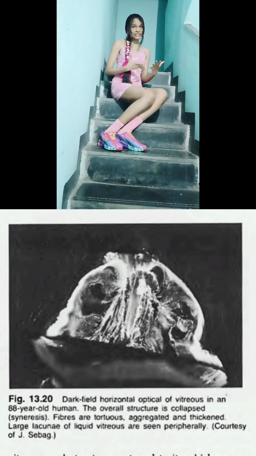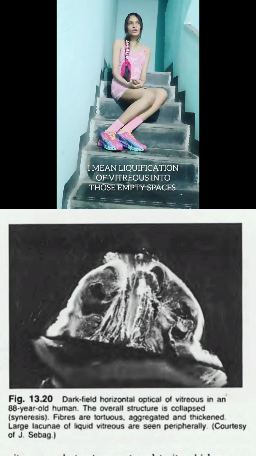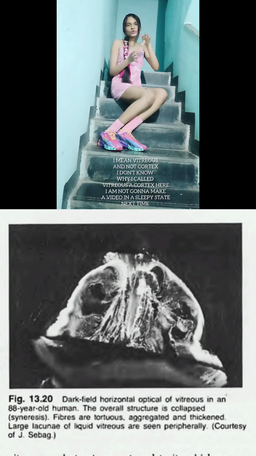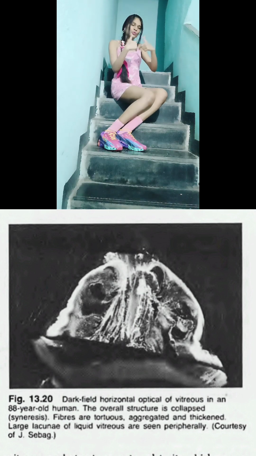With aging, this change happens: liquefaction of the cortex and thickening of the central vitreous, aggregation of the collagen fibrils, and these empty spaces where the liquefied cortex is. Sometimes when the vitreous detachment occurs and a hole is there, the liquefied vitreous escapes posteriorly.